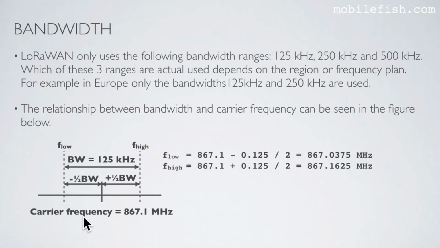For example, if the carrier frequency is 867.1 MHz and the bandwidth is 125 kHz, then the lowest frequency and the highest frequency can be calculated as follows. The lowest frequency is the carrier frequency minus the bandwidth divided by 2, and the highest frequency is the carrier frequency plus the bandwidth divided by 2.